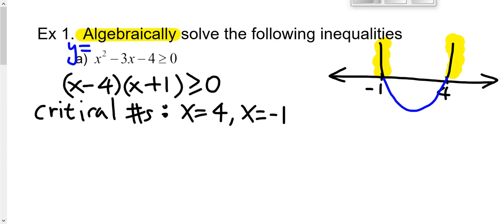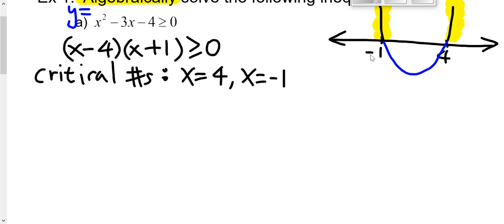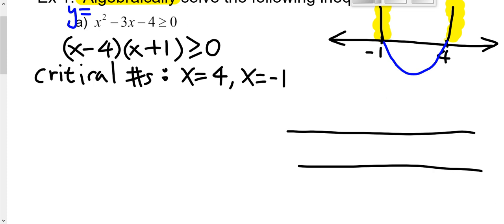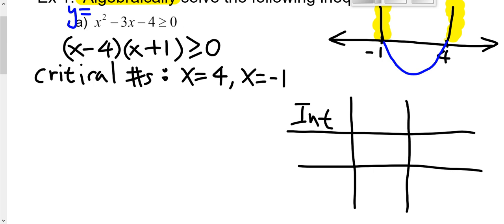Alright, now let's set up the interval chart. So what we need to do is put the factors, these and this, as a heading of each column.